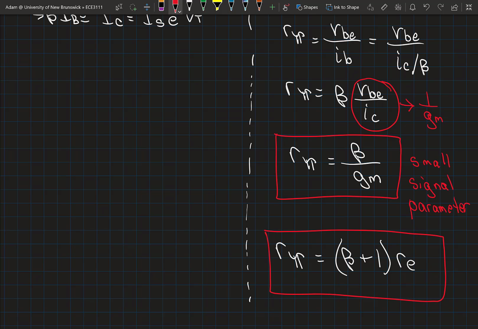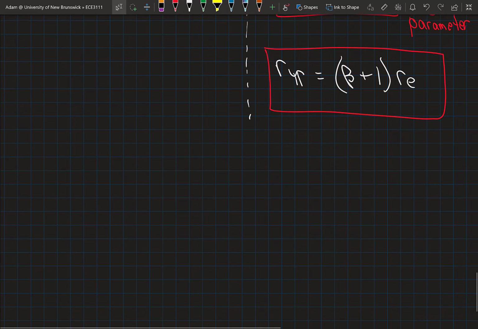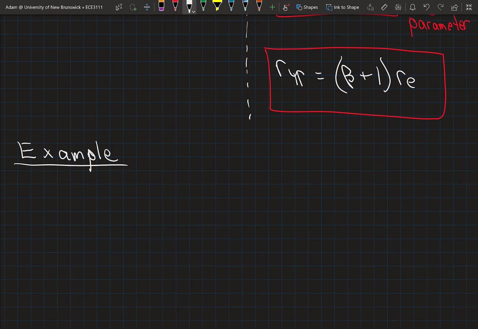Okay, let's just do a really quick example of finding these parameters. This is often one of our first steps in doing small signal analysis: we first do our large signal analysis and come up with an operating point.